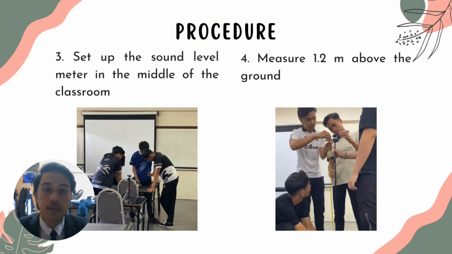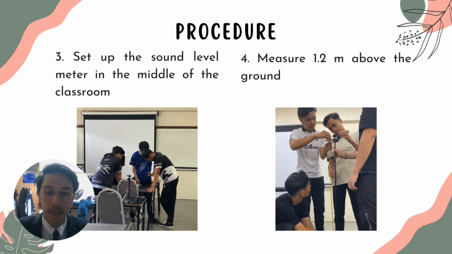Next, we place the sound level meter right in the middle of the classroom to get an accurate sound reading in the room. After that, we attach it to the tripod to keep it steady. Next, we use a measuring tape to make sure the sound level meter is exactly 1.2 meters above the ground.